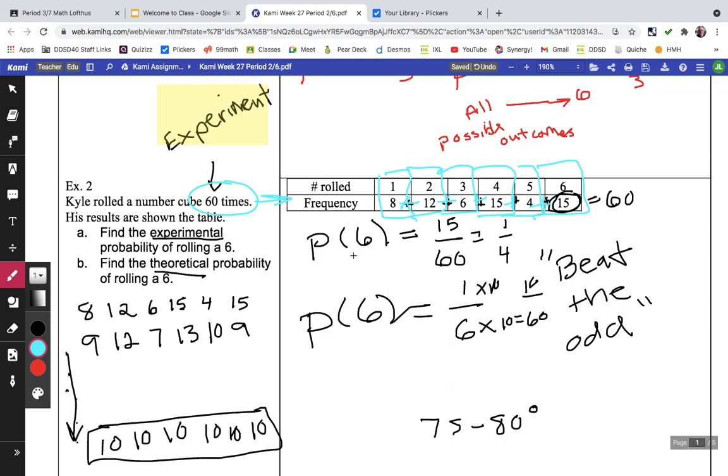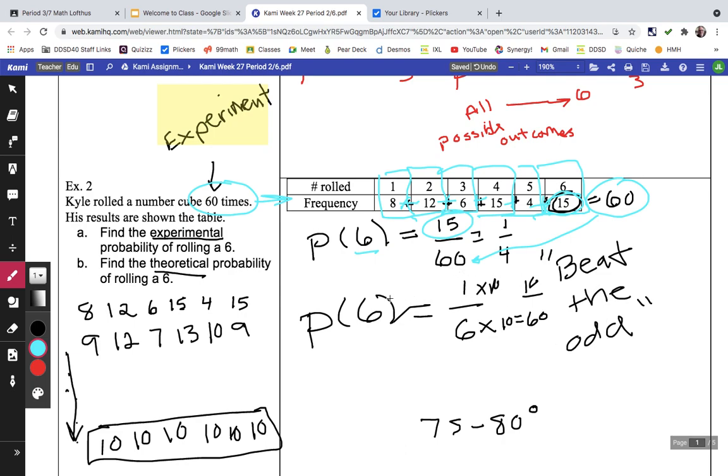So for the probability that he rolled a 6, we go to the 6 and get this 15, put it over the total number of times, and that can be simplified to 1/4. So the experimental probability of Kyle rolling a 6 was 1/4.